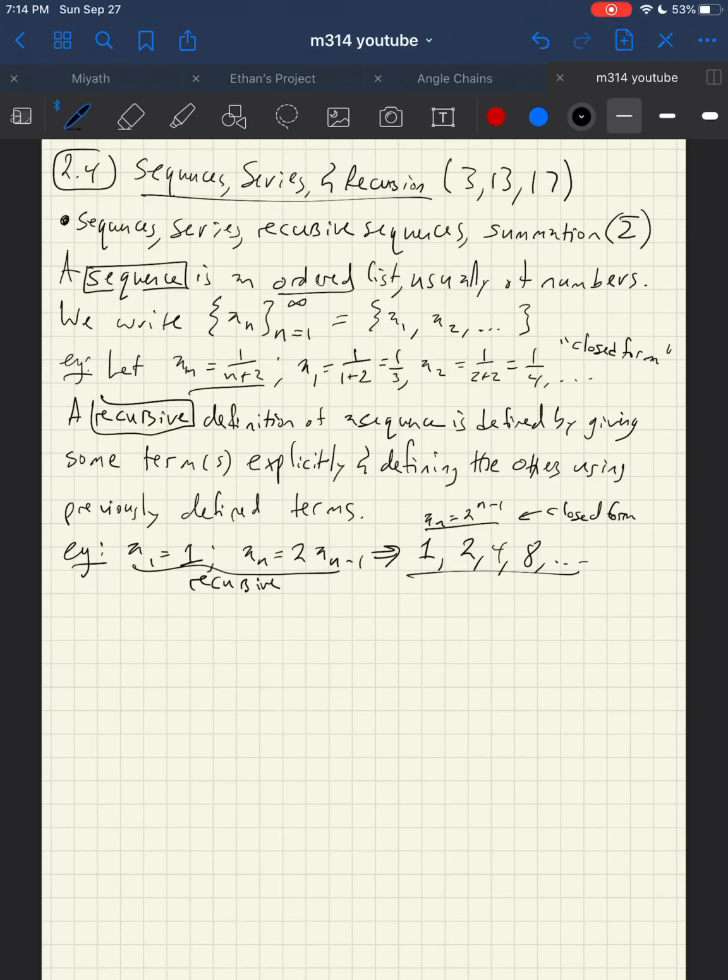So now let's define a couple of special types of sequences.